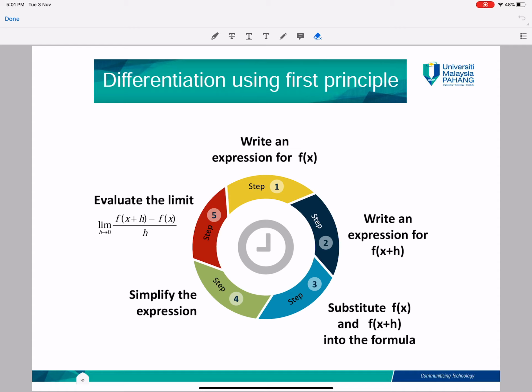The third step, substitute f(x) and f(x plus h) into the formula for the first principle. The fourth step, you need to simplify the expression. And the final step, step 5, you need to evaluate the limit.